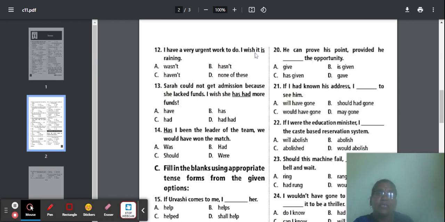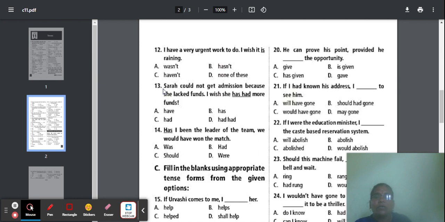I wish it was not raining. Then only I can do my urgent work. So the answer will be was not. So is replaced by was not. Option A is the correct one.